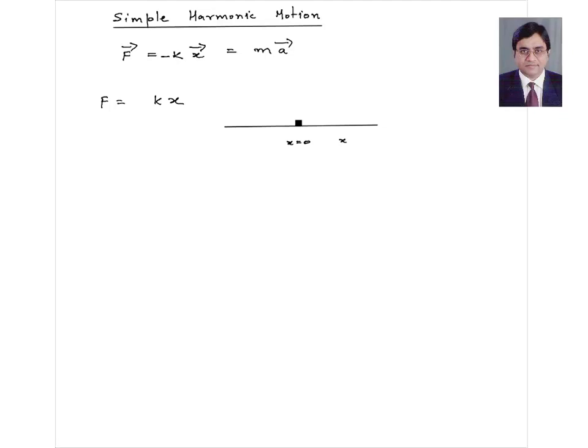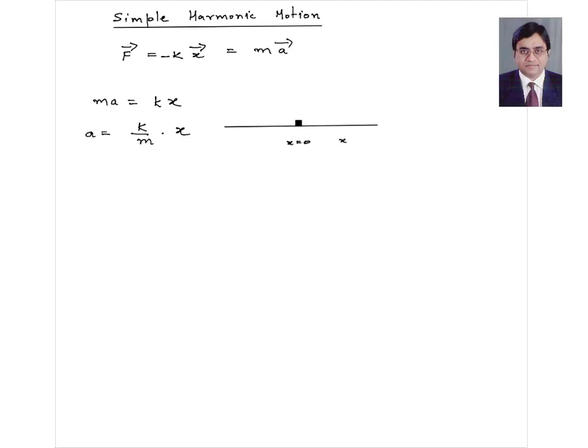Now F is MA, and I'm dropping that vector symbol, so I'm just taking the magnitude. MA equal to kx. So a is k by m into x.